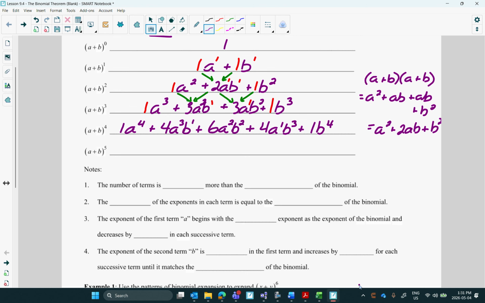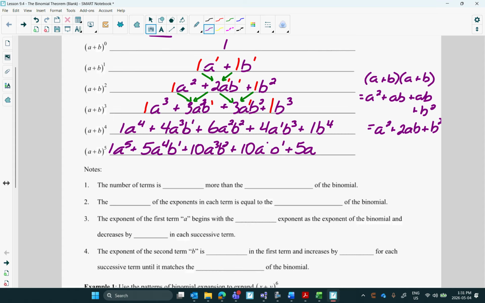And we follow the pattern again. 1 a to the 5th plus 5 a to the 4th, and then I start the b's, plus 10 a to the 3rd b squared, plus 10 again a to the... sorry, I missed.